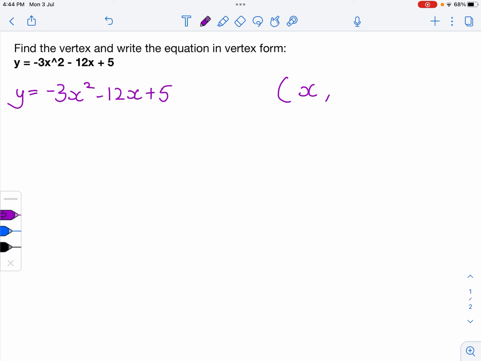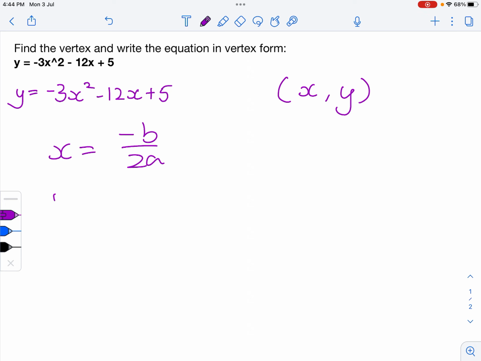So we all know that the vertex is a coordinate, and we know that there's an equation called negative b over 2a that's essentially called the axis of symmetry equation. It's also the same thing as the x value of the coordinate of the vertex. And so we can first find the x value by substituting the numbers in.